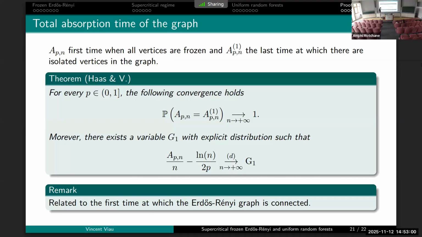And this is related to the result of Erdős-Rényi, the first time at which the Erdős-Rényi graph is connected, which is close to n log n over 2. This is a nice application, which is not direct, and we have to work a bit to get this result, but we completely determine the behavior of the first time when all vertices are frozen.